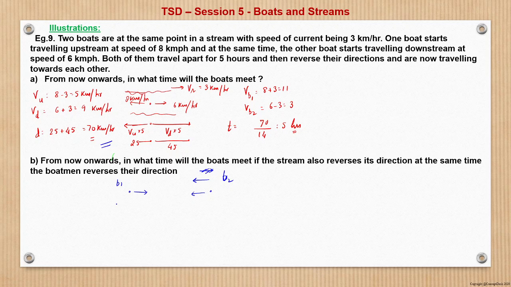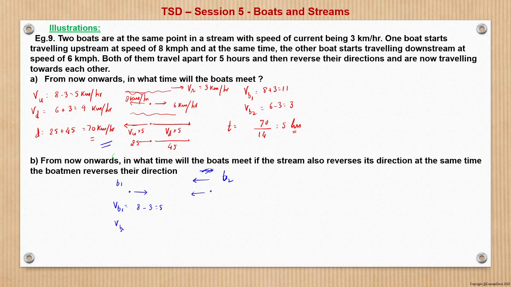So what will be the speed of VB1 now? The effective speed of boat B1: in still water the speed is 8 km, and it is against the stream, so it will be 5. So it will remain 5 as earlier.